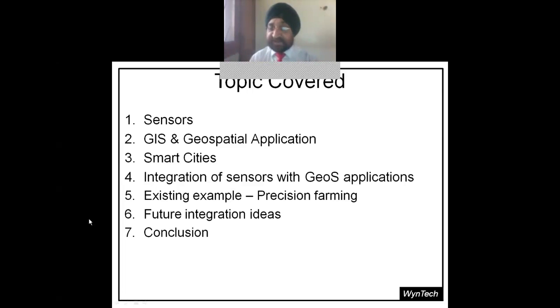And then we will have few examples of how the sensors give the input to the system, and then the system works accordingly. And then we will give some idea about the future integration. So the things which are not happening at present, probably it will happen in the future. And the seventh thing will be the conclusion of these things.